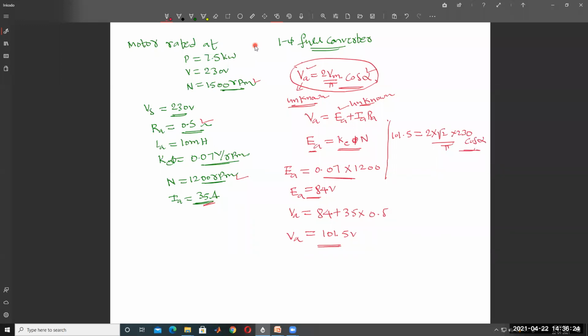Here the only unknown is alpha, so find alpha using this expression. I got alpha approximately equal to 60.65 degrees. So the firing angle, the first question, is over.